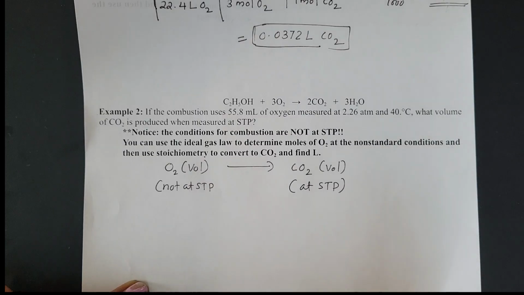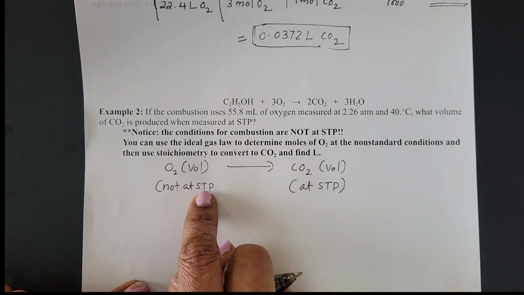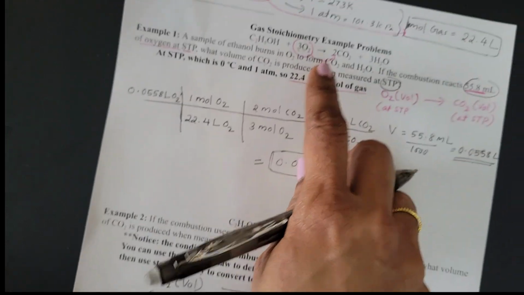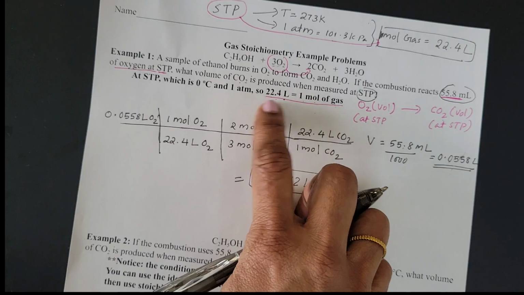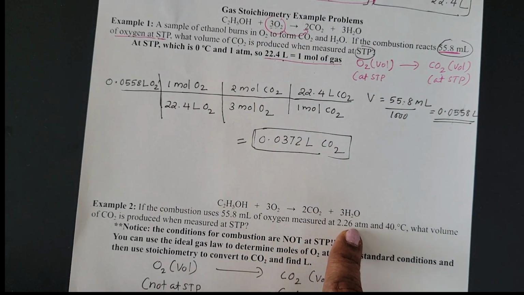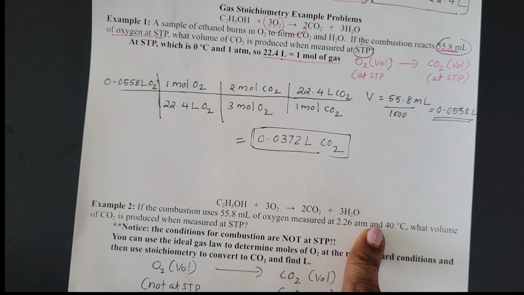So this is a different type of problem because the given is not at STP, so you can't use the conversion 1 mole is equal to 22.4 because we already learned when temperature or pressure changes, volume will change. So this volume will not be equal at this condition.